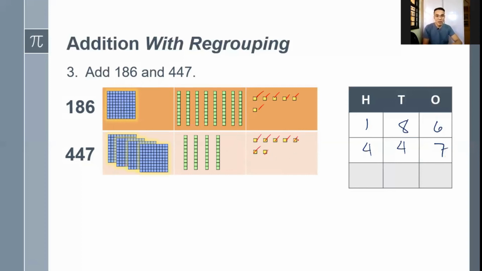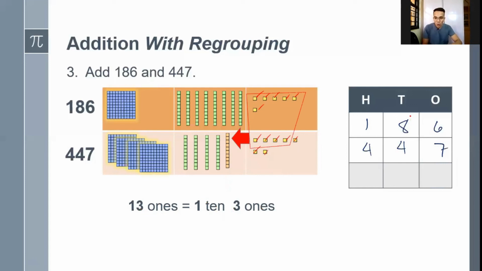There are 13 ones altogether. Therefore, 6 ones plus 7 ones is 13 ones. But we are not allowed to write the number 13 here. So what do we do? We are going to regroup 10 ones. Therefore, 13 ones is the same as 1 ten and 3 ones.